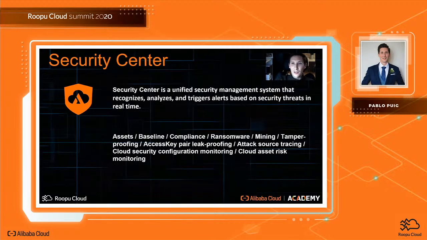Let's continue with the Security Center that was called before Security Guard. Security Center is a unified security management system that recognizes, analyzes, and triggers alerts based on security threats in real time.